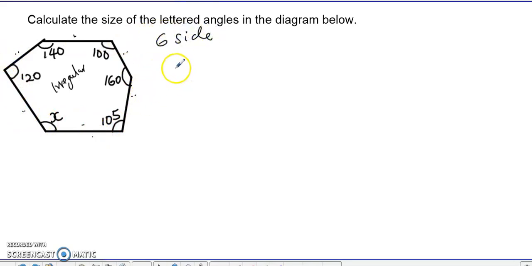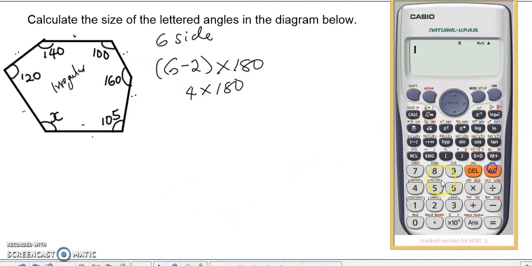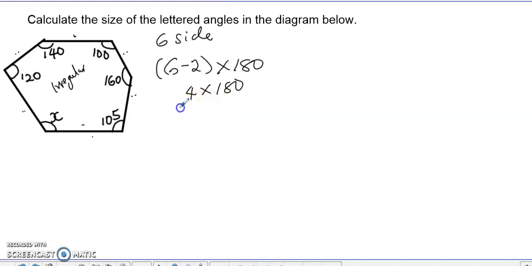We have 6 minus 2, and whatever we have as the result, we multiply by 180. 6 minus 2 is 4, which means we are supposed to have 4 triangles here. 4 multiplied by 180 gives us 720. So 720 is the sum of the interior angles.